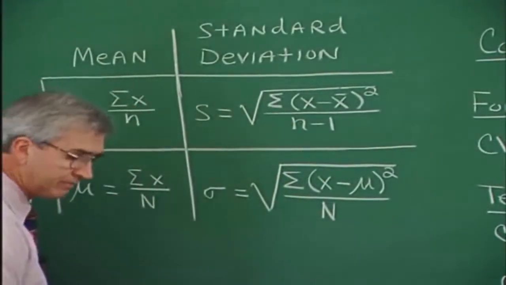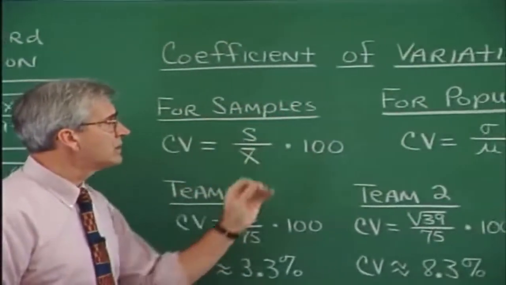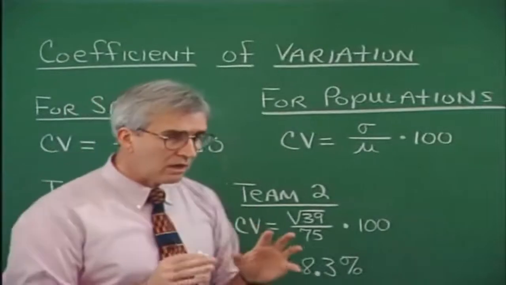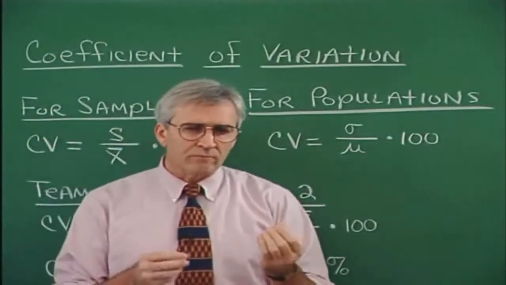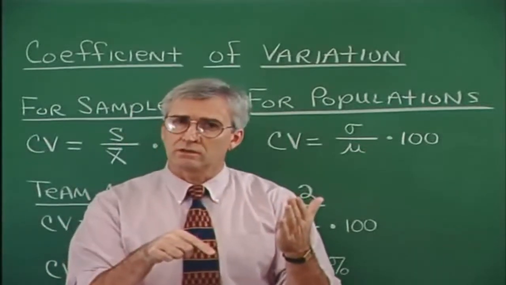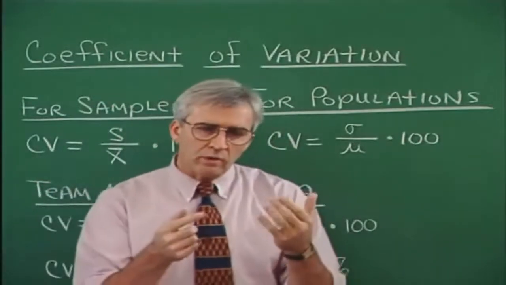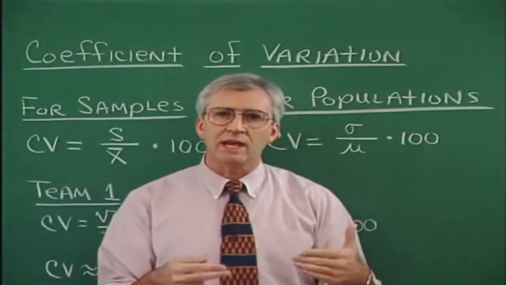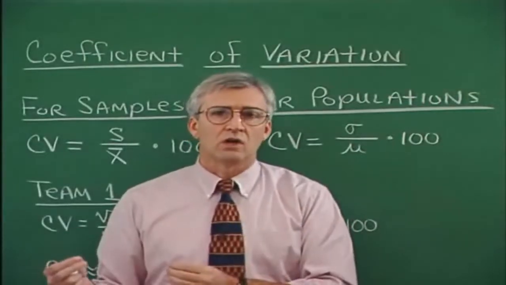Okay, subtle difference. Let's talk about coefficient of variation. This is a technique that is useful to express the standard deviation as a percent of the mean. And it kind of levels the playing field, because when we're talking about a standard deviation for a sample or a population, generally there's a unit of measure.